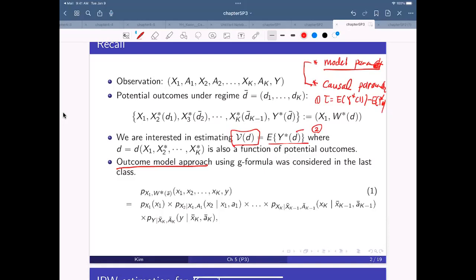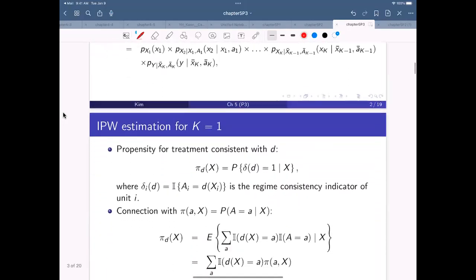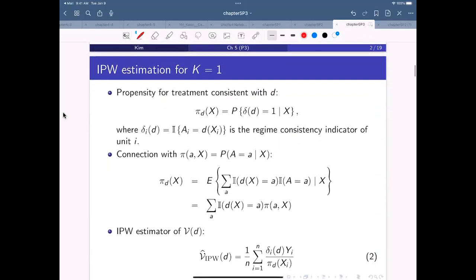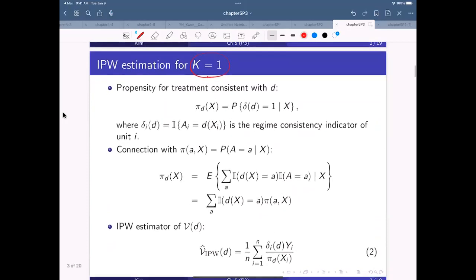That's kind of a typical thing. So we are going to do the same here. Now let's try to remember what we did for k equal 1. That's actually the topic of chapter 3 already. So I just copy and paste the same lecture note for chapter 3.